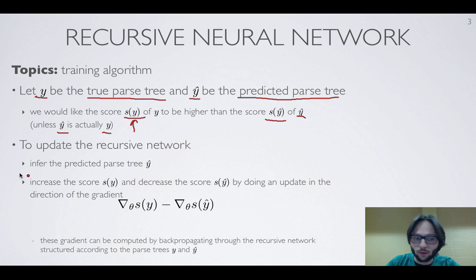The procedure for doing this would be to first take the sentence and infer the predicted parse tree, and then we will increase the score S of y of the correct tree y and decrease the score of y hat, noted S of y hat, by doing an update in the direction of the gradient with respect to the parameters of the model of the score S of y, minus the gradient with respect to the parameters of the score for the predicted tree y hat.